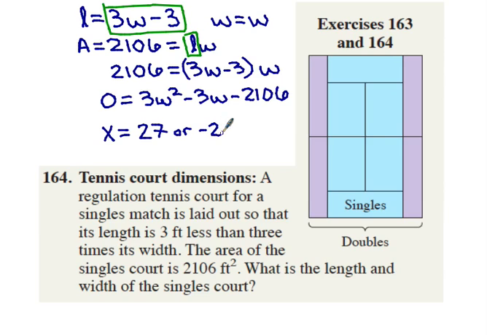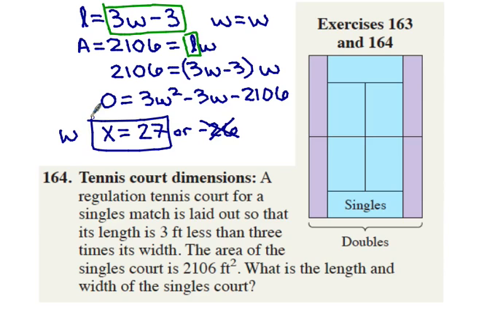negative 26. And so similar to what we were talking about with the canyon height one, you're going to have a positive and a negative number. It doesn't actually make sense to have negative dimensions, so we're going to throw that solution out. And so we'll be able to identify that my width in this case, W, is going to be 27 feet.